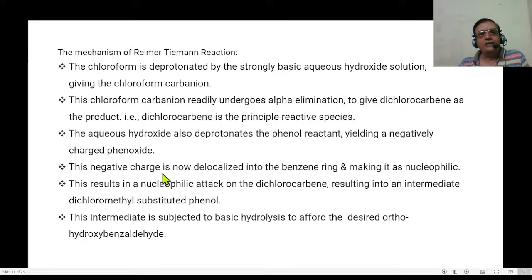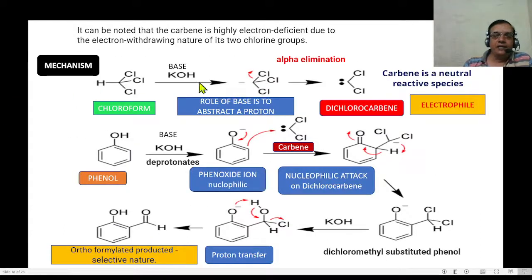This negatively charged phenoxide ion is delocalized into the benzene ring, making it a nucleophile. This nucleophile attacks the dichlorocarbene and results in the formation of the intermediate called dichloromethyl substituted phenol. This intermediate on hydrolysis leads to the formation of ortho-hydroxybenzaldehyde, called salicylaldehyde, as a product.